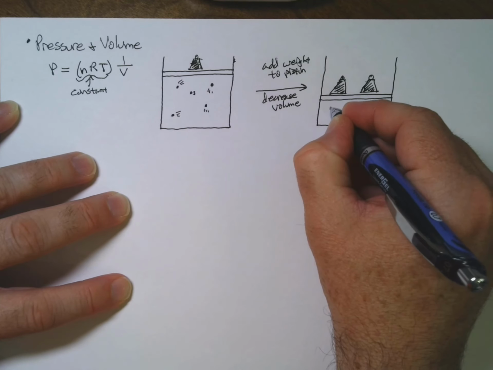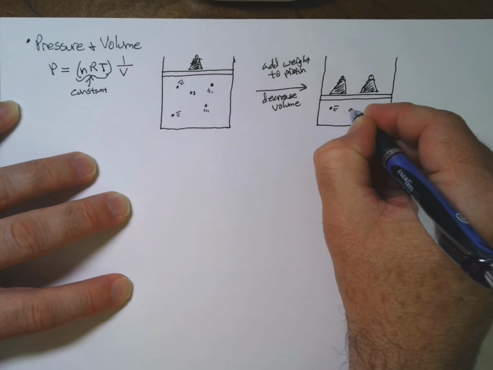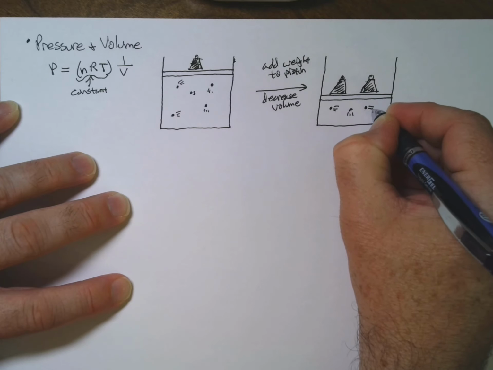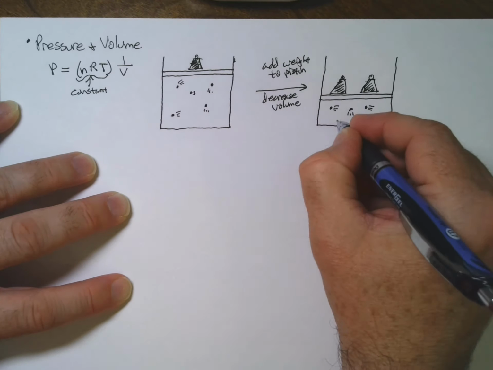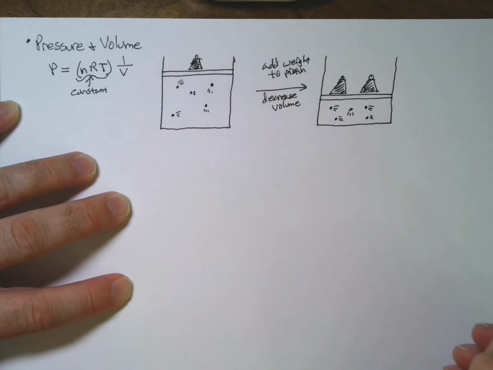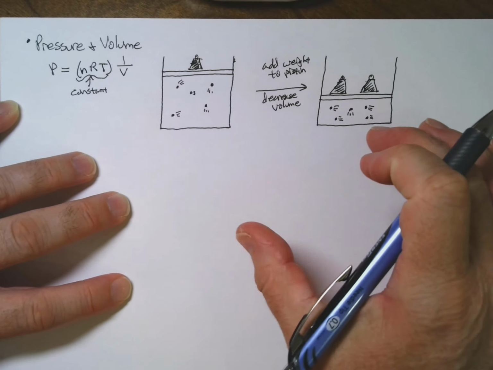And we'll see that our particles, 1, 2, 3, 4, 5 particles here, will hit the walls more often.